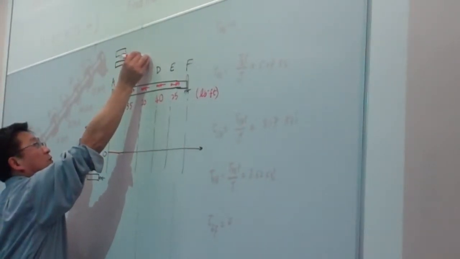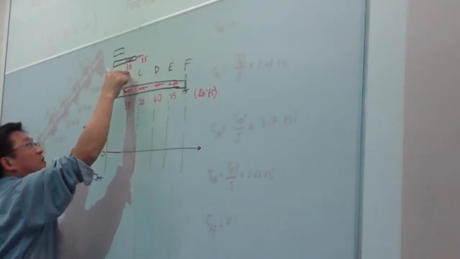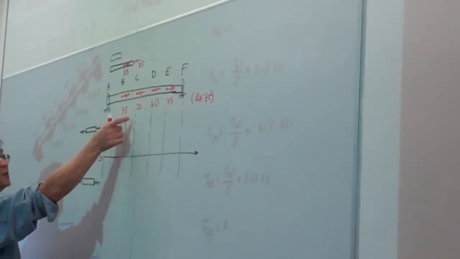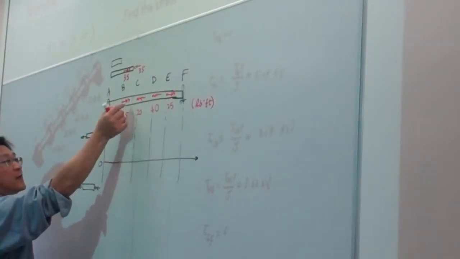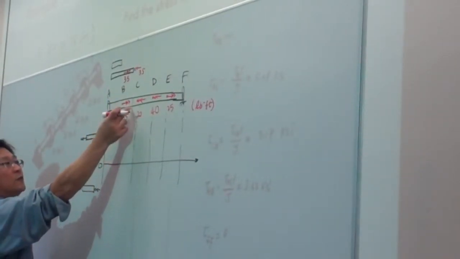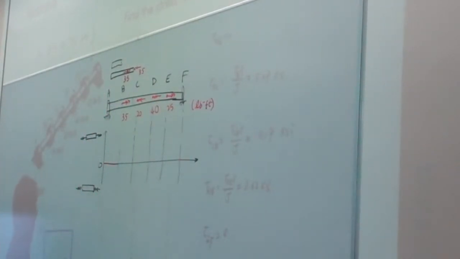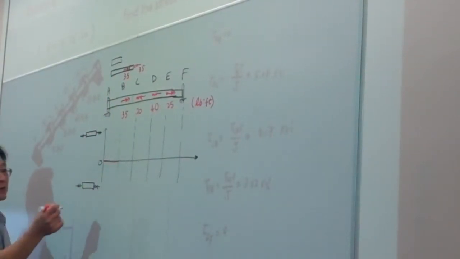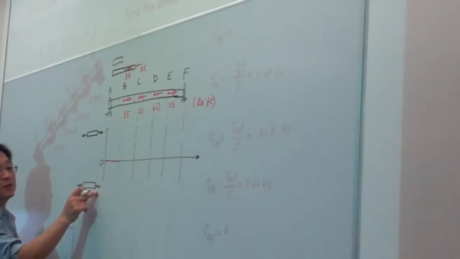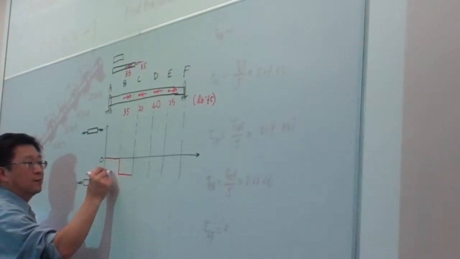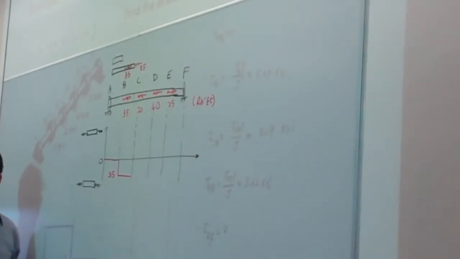So here the reaction torque must be 35 to be balanced with this one. So from here you can see in this segment it doesn't matter where we pick the cross section. The result will always be 35 like that. So according to the sign convention here, 35 should be going downward here. The magnitude is 35.